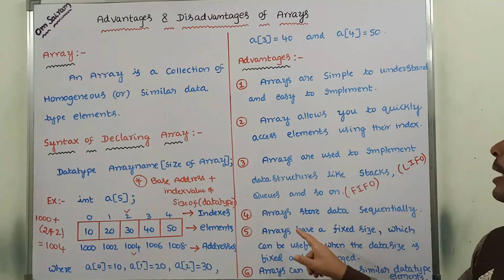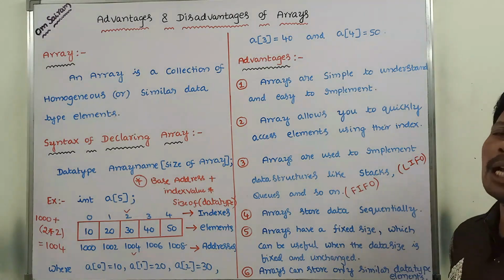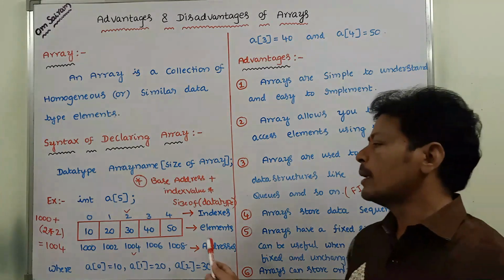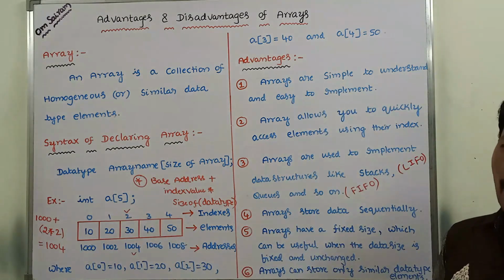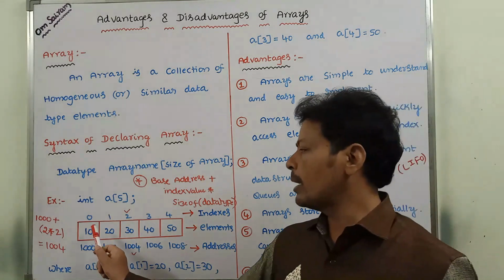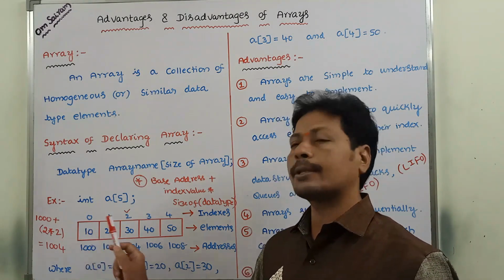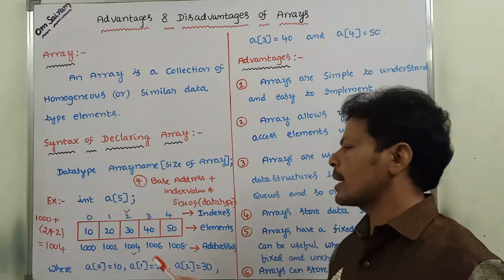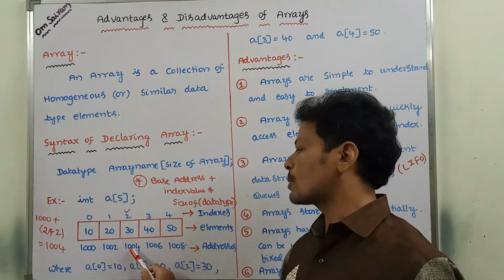Next, fourth point, arrays store data sequentially. The array elements are stored in a sequential or contiguous manner. For example, the first element in the array is stored at address 1000. What is the next element address? 1002. What is the next element address? 1004.